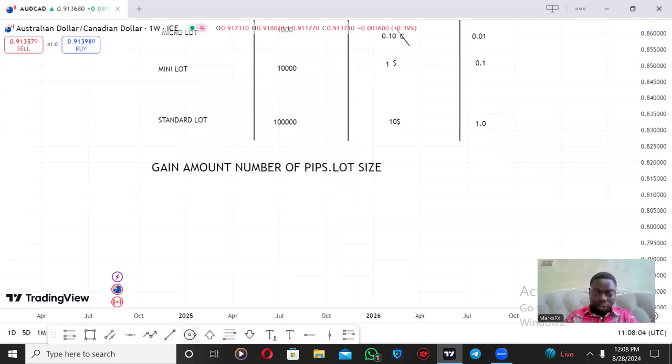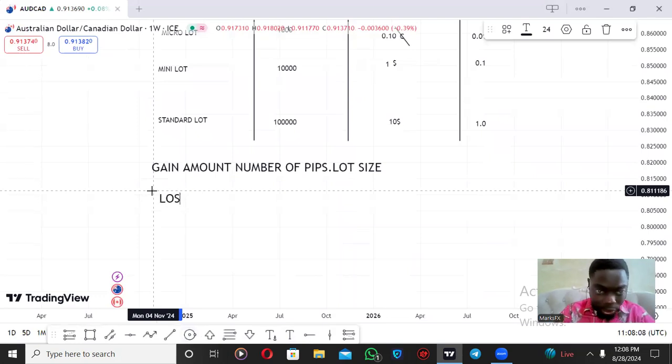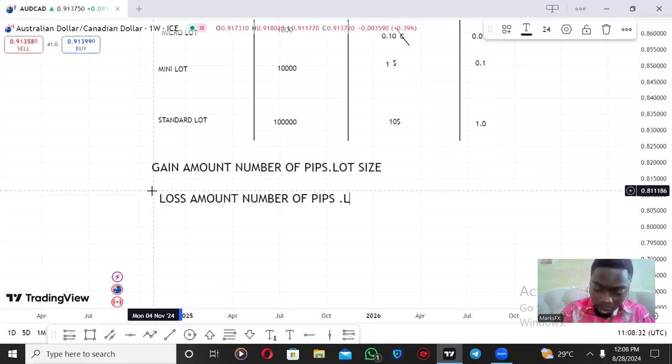Then the next one will be your loss amount, which is your stop loss. Your loss amount will be number of pips times lot size.